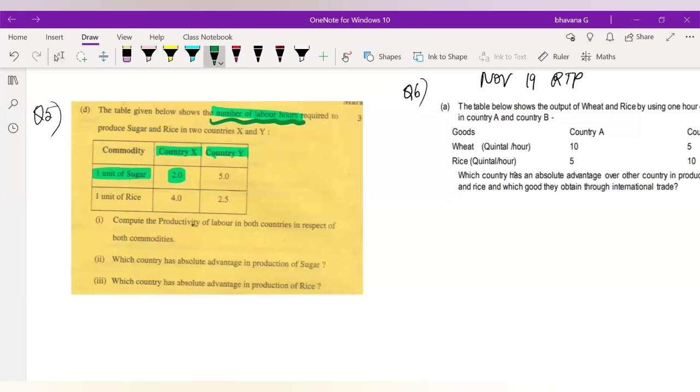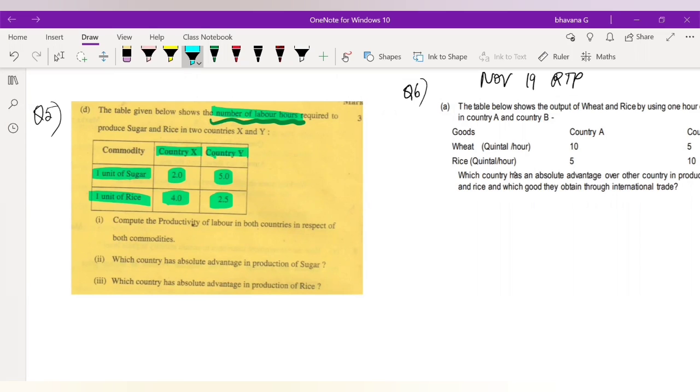So for producing 1 unit of sugar in country X, you use two labor hours. The same way in country X, for producing 1 unit of rice, you use 4 labor hours. In country Y, for producing 1 unit of sugar, you use 5 labor hours. And in country Y, for producing 1 unit of rice, you use 2.5 labor hours. Okay, so this in the terms of hours they have given you.